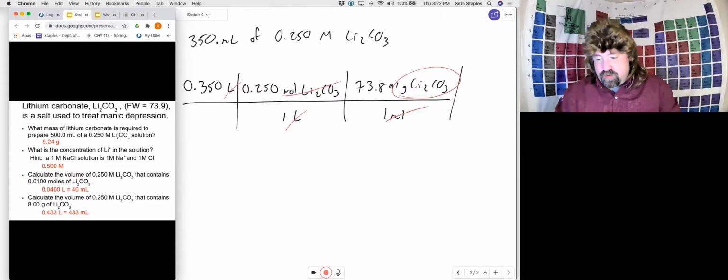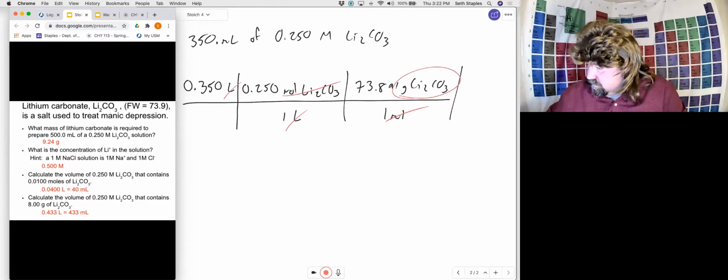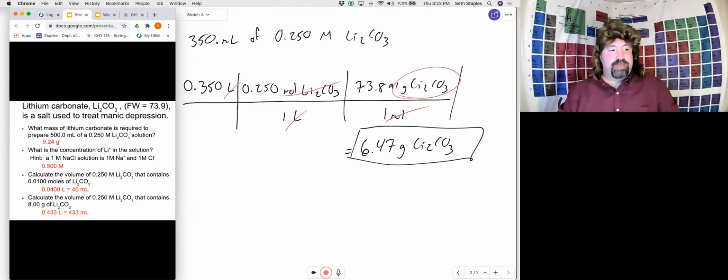Then we pull out our trusty calculator: 0.35 times 0.25 times 73.891, and I get a mass of 6.47 grams.